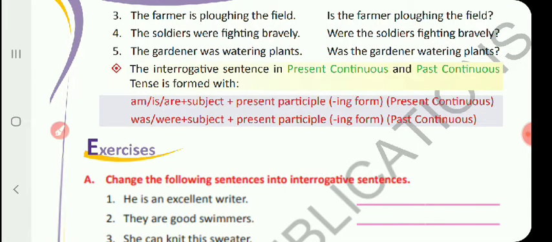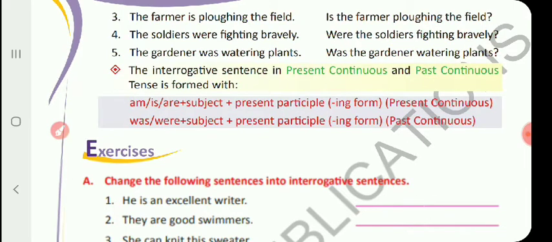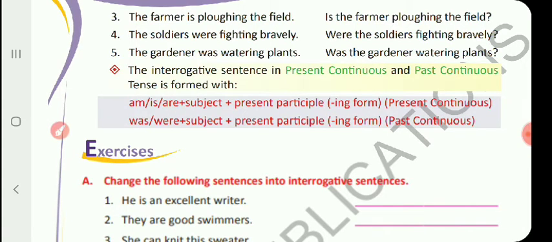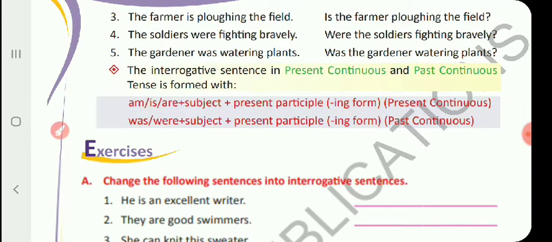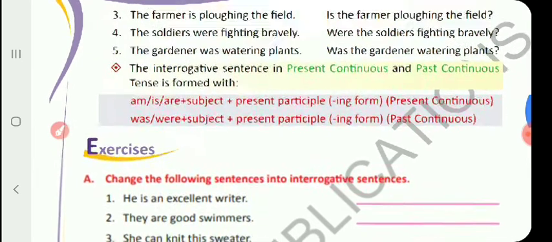Clear? So once again I tell you children, today we are going to learn how to change present continuous and past continuous sentences into interrogative sentences. The rules are: if the subject is I in present continuous tense, take the helping verb am plus subject I plus present participle form. If the subject is singular, take the helping verb is plus subject plus present participle form.